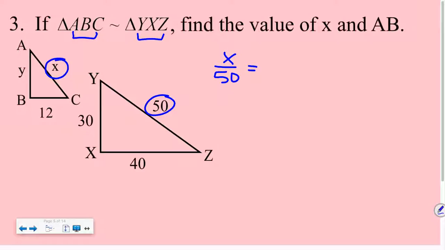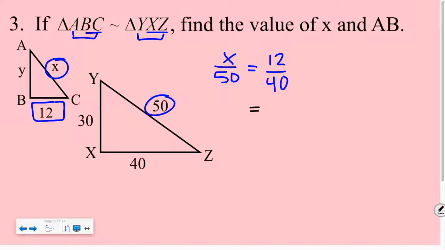As, now I need to go back to that first triangle. They only have one side length there. As 12 is to... yeah, because BC would correspond with XZ. Don't depend on your calculators. 12 and 40, can I reduce that? By what? 4.